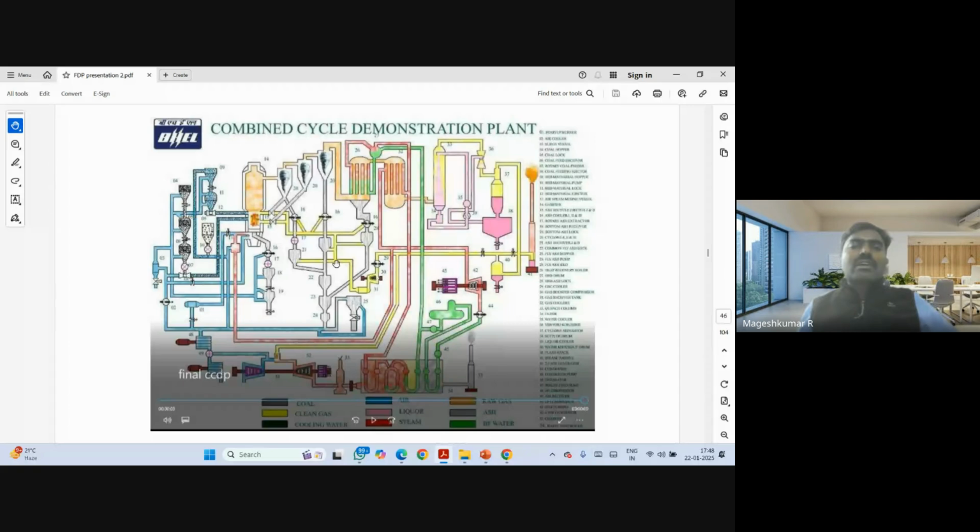Further, it would be taken on. The particles would basically be filtered here and recirculated a number of times based on the efficiency of the gasifier. Once it is completely converted, it would be sent to a heat exchanger to reduce the temperature of the syngas. After that, it would be sent to various purification units based on the requirement. What is the end product? It would be converted and utilized.